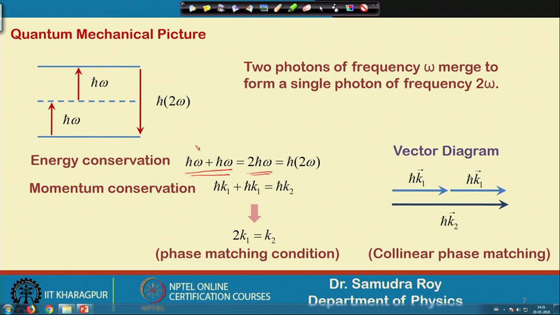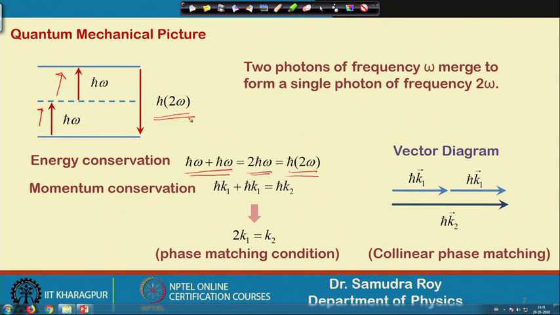So, 2 photons of frequency omega and omega, where the energy is h cross omega and h cross omega, if I add these two, we will have 2 h cross omega. So, that means 2 photons are merging together to generate a photon of 2 omega frequency. This is the quantum mechanical picture where one photon and another photon merge to generate another photon, with frequency 2 omega.